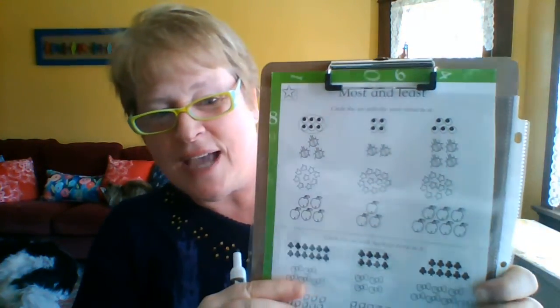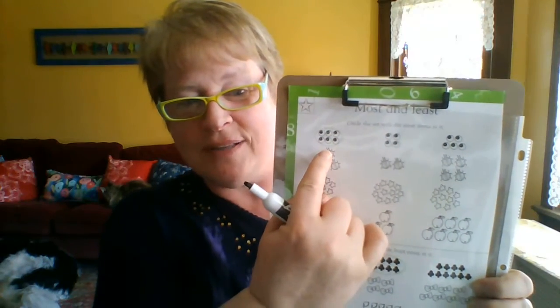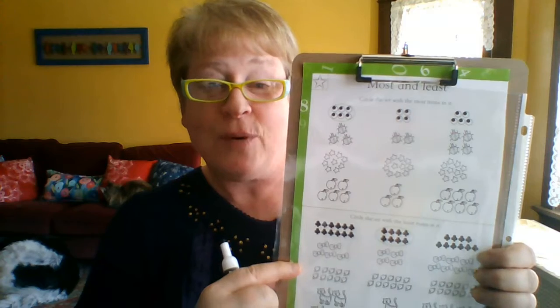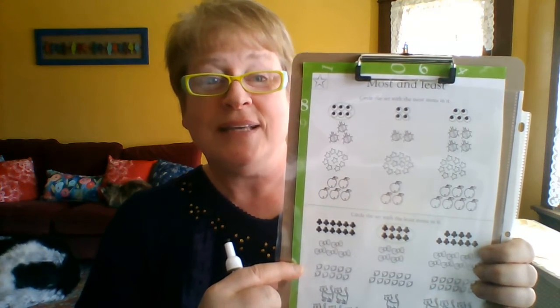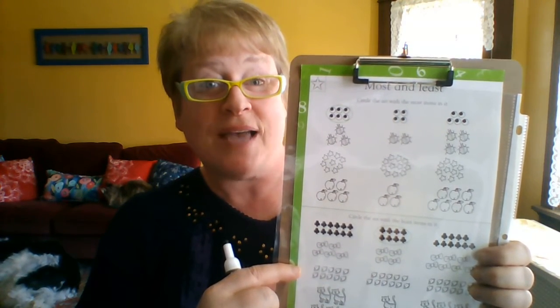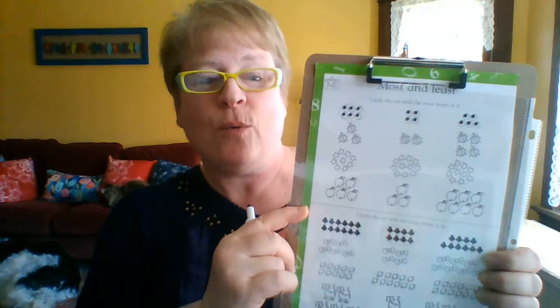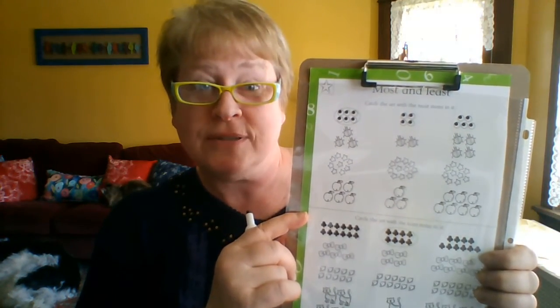Let me snap my pen here. So if we look at the top, they've done this one for us, okay? We have eyes that we're comparing. And one thing that I like to do is count the objects out and look at the numbers as well as the picture. So it wants us to look at which of these shows most.